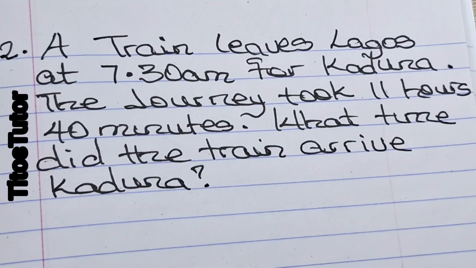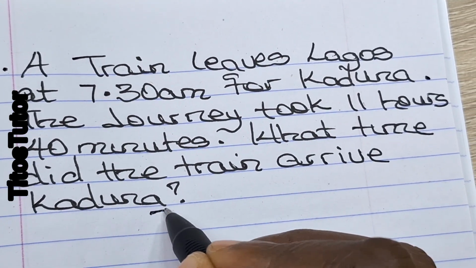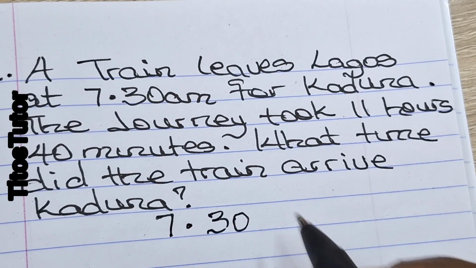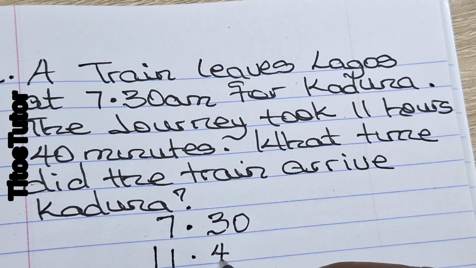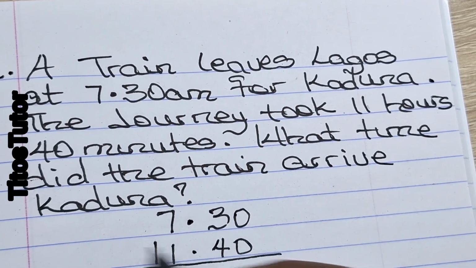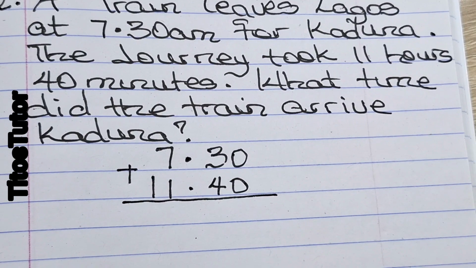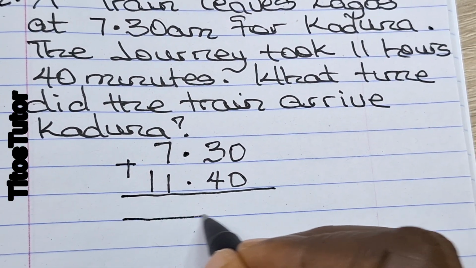So let's start. To know the time it gets there is to add the time it took for the journey to be complete, which is 11:40. Okay, so we're going to add 11:40 to 7:30.